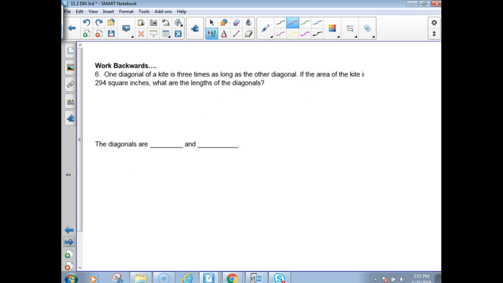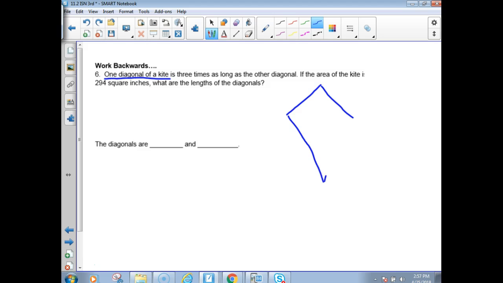Okay, now we're going to do some problems going backwards. What that means is we're not going to find the area, we're going to find a different part. When you do a word problem, it's good to just pick apart what they're telling you and jot some things down. It says one diagonal of a kite is 3 times as long as the other. I'm going to make a kite.